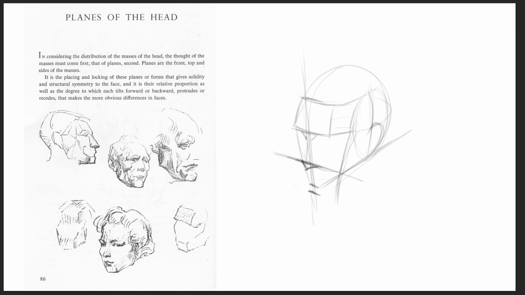Especially when it comes to features like the nose. That one is really important that we divide into its structural surfaces, because the nose is one of those areas on the head that loses a lot and kind of reduces the quality of the portrait down when it doesn't have the structure built into it.